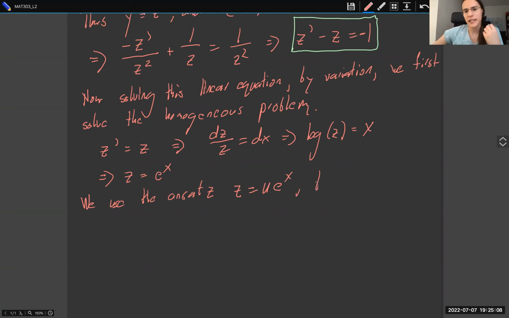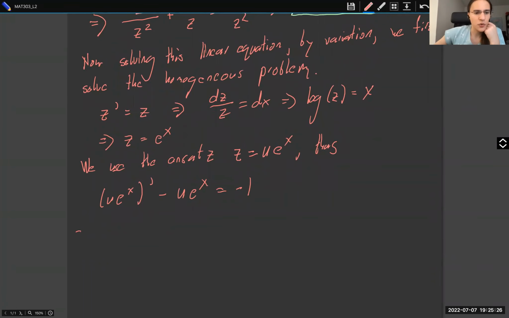So what we get is thus u e to the x prime minus u e to the x is equal to -1, right? And then I do my product rule expansion here.